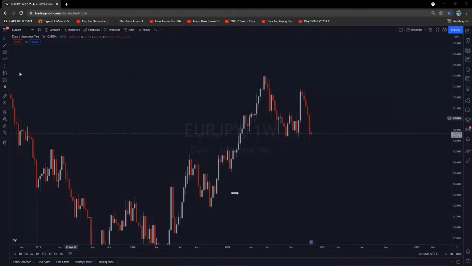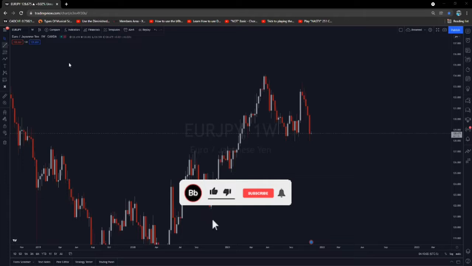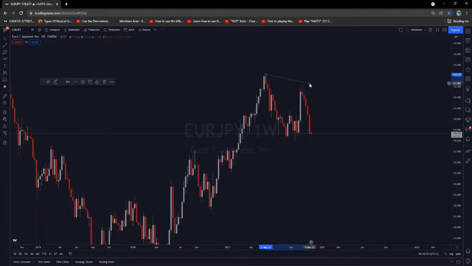Now we are on EURJPY. As you can see with EURJPY, the market failed to break above this area over here. So that's the first thing to note. And now we are on these swing lows over here.